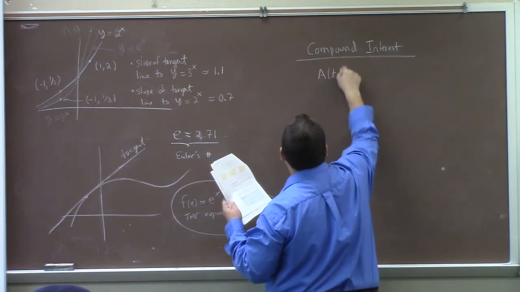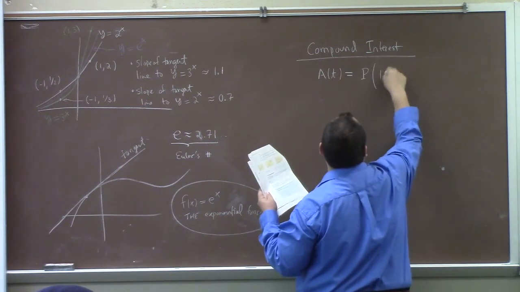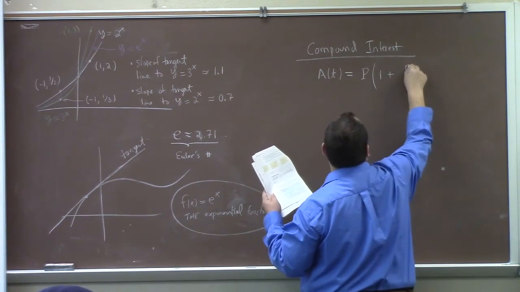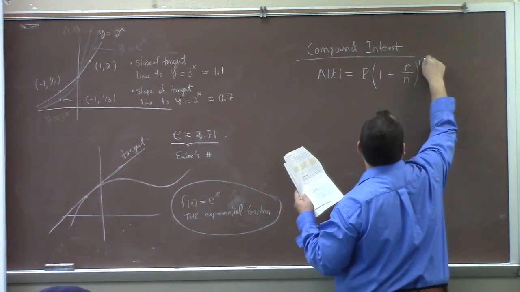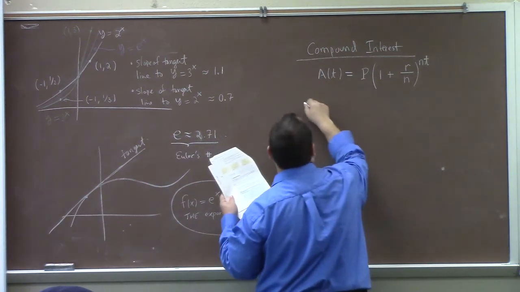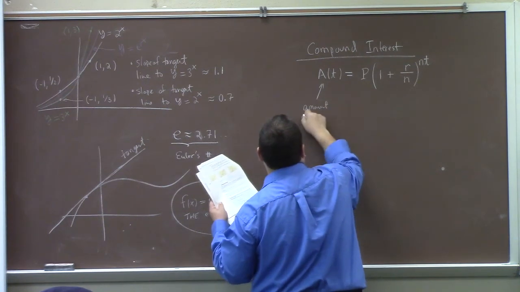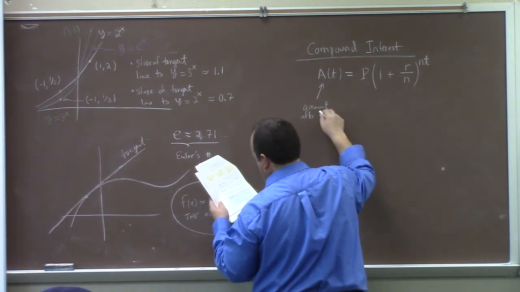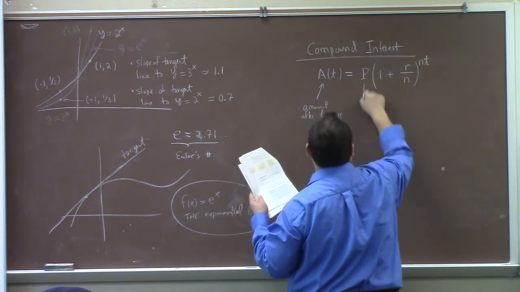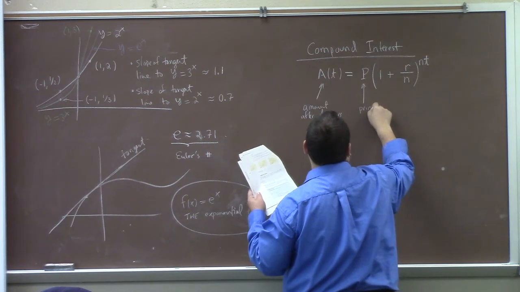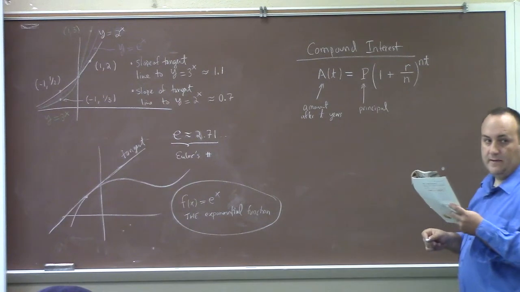The amount at time t is equal to the principal times 1 plus the rate over n, to the nt. Here, A is the amount after t years. P is the principal, which means the original amount either invested or borrowed, right?